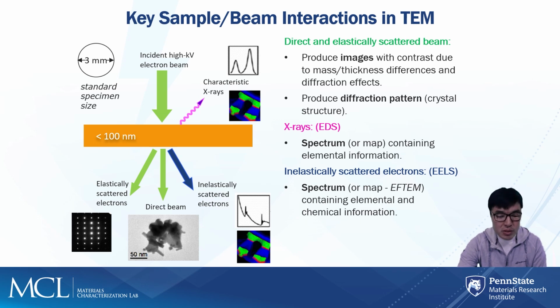When the beam goes through the sample, some electrons will lose part of their energy. We can collect these electrons for use. At the same time, a lot of X-rays can be generated during the interaction between electrons and the sample. We can use a detector to collect these X-rays for EDS.